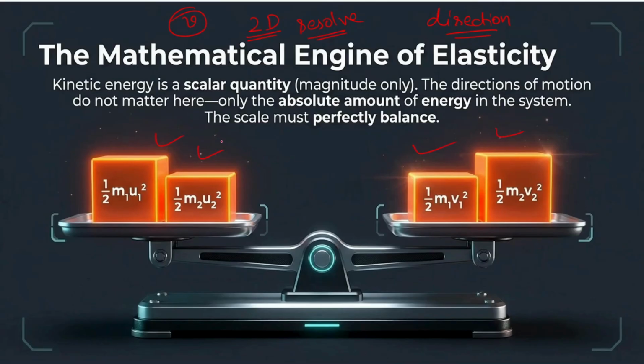This is again the distinction from momentum. In momentum, we have to resolve in the x direction and y direction, or if a problem is given in 3D, we have to resolve the third component as well. So the kinetic energy equation is simpler, or not as complicated, as the momentum equation. We will solve problems and you will get comfortable with it after doing some examples.